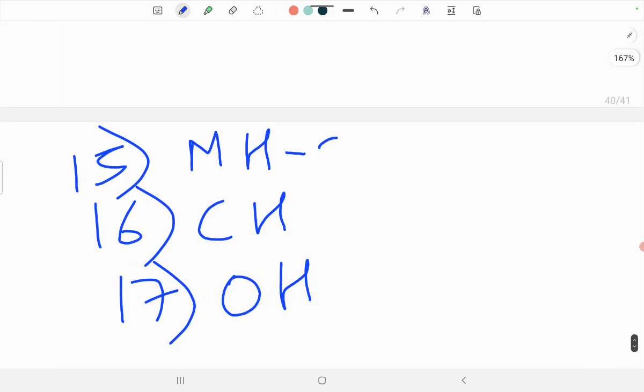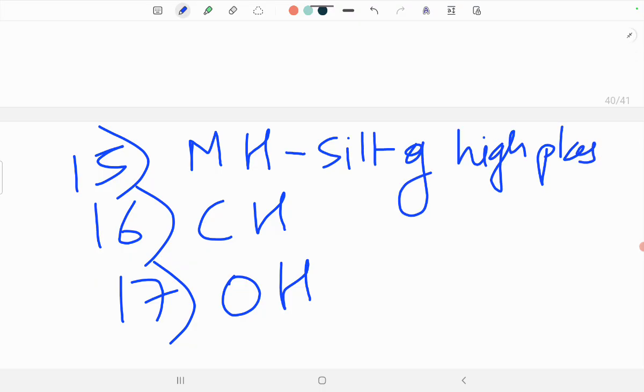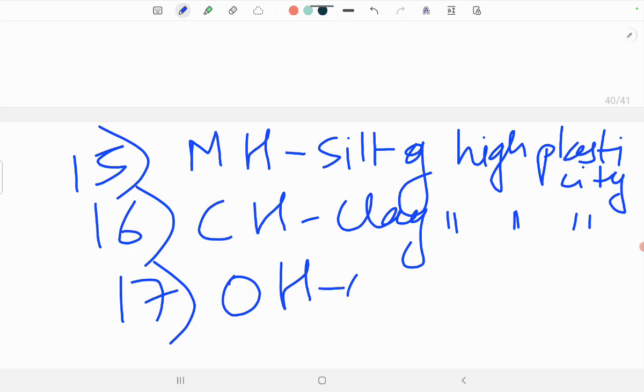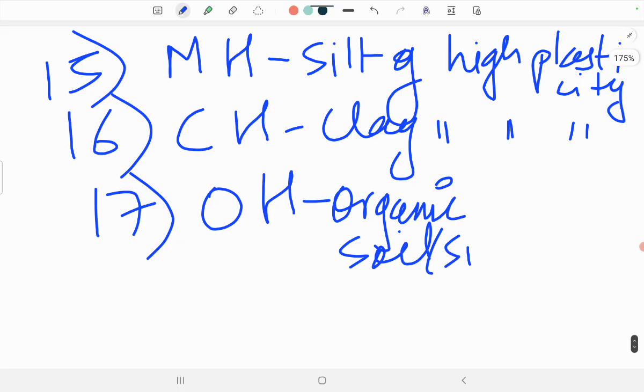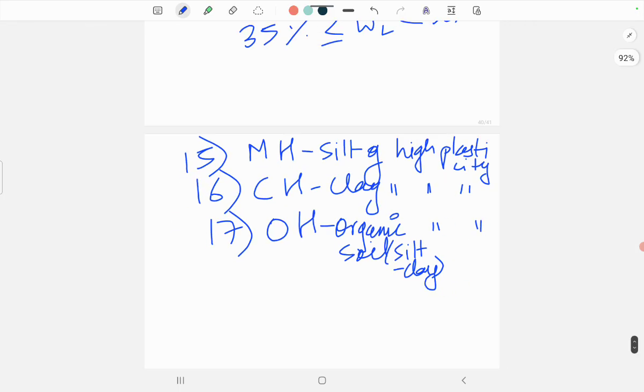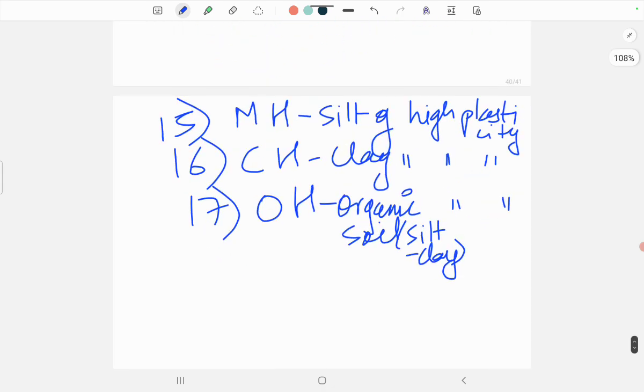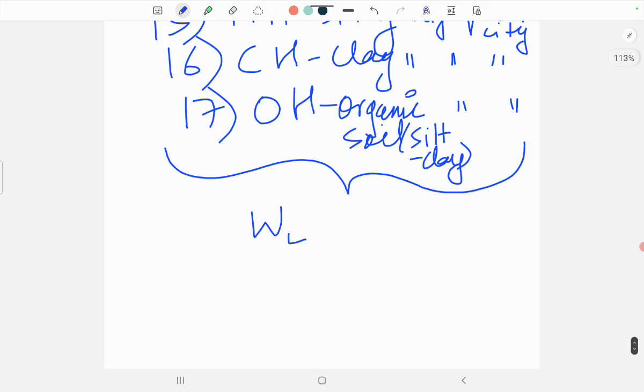So this is the silt of high plasticity, this is the clay of high plasticity, and this is the organic soil, that is silt clay of high plasticity. And these 15, 16, 17 have the liquid limit that is greater than or equal to 50 percentage.